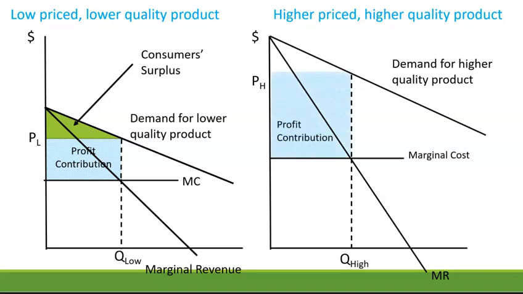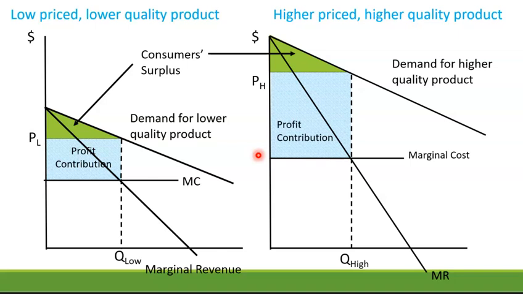So for the higher quality product, obviously we're going to charge a higher price, and that's going to give us a greater profit contribution, while still leaving the consumers with some surplus. Now you'll notice that the way I've drawn it here, I've got the greater profit contribution coming from the higher price, while acknowledging at the same time that we've got higher costs of production.